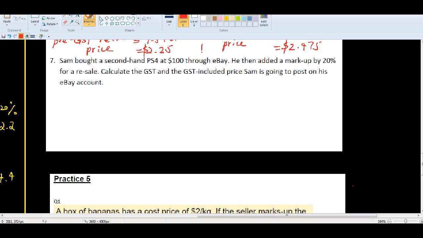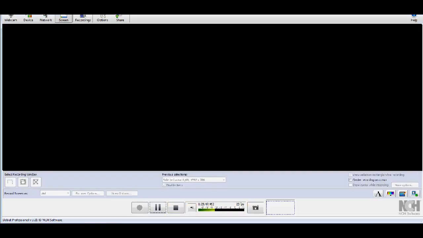From cost price to pre-GST price, you need to add the markup, right? So I'm going to give you some time to think about how to formulate the whole thing. Please pause the video now, try to do it by yourself, and we'll come back to see whether you're correct.